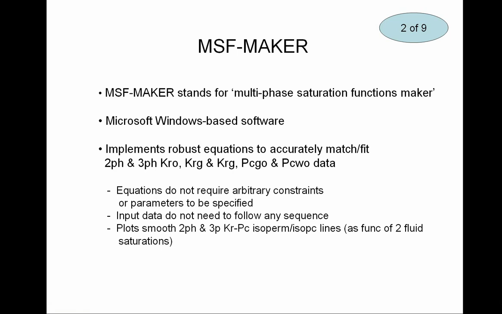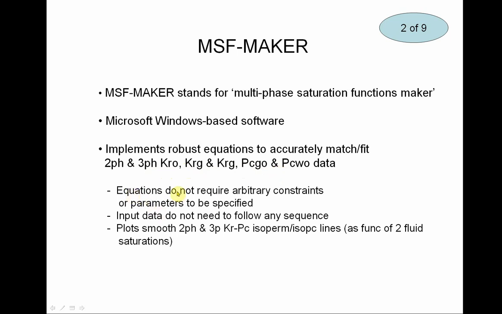We developed this software. It is Microsoft Windows based software that implements robust equations to accurately match or fit 2-phase and 3-phase relative permeability, as well as capillary pressure data.